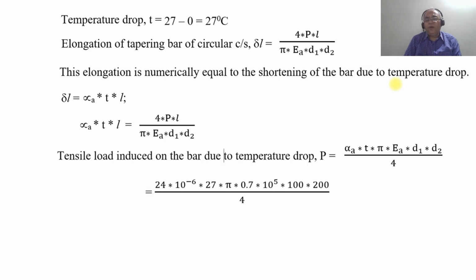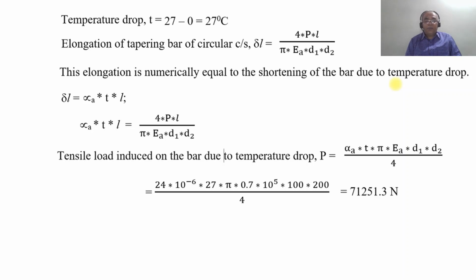Substitute the value of the coefficient of thermal expansion of aluminium, which is 24 into 10 to the power of minus 6, into T, the temperature drop, which is 27, into pi into Young's modulus of aluminium, 0.7 into 10 to the power of 5, and D1 into D2 is 100 into 200. Then we divide by 4.